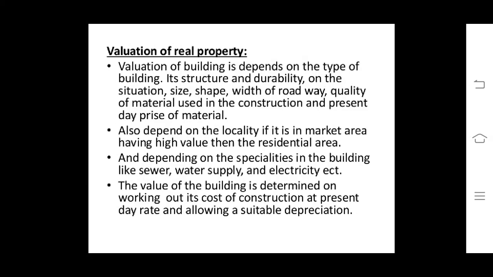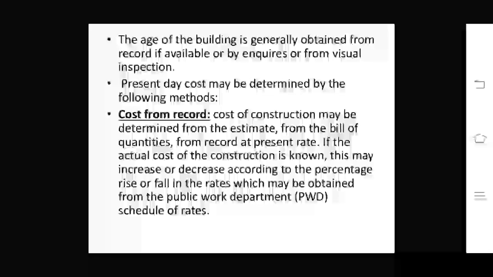The value of a building is determined by working out its cost of construction at present day rate and allowing suitable depreciation. The age of the building is generally obtained from a record if available, or by inquiries, or from visual inspection. Present day cost may be determined by the following methods.